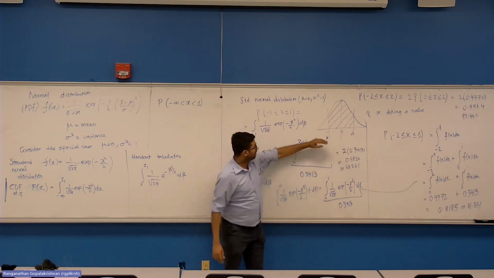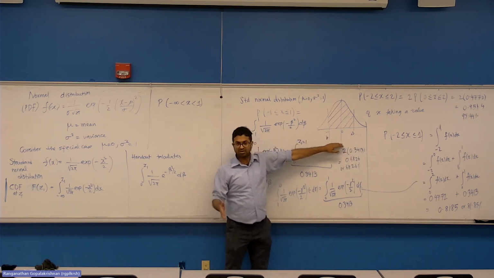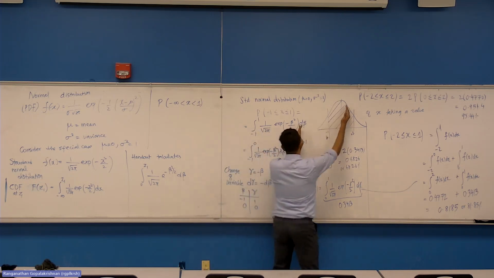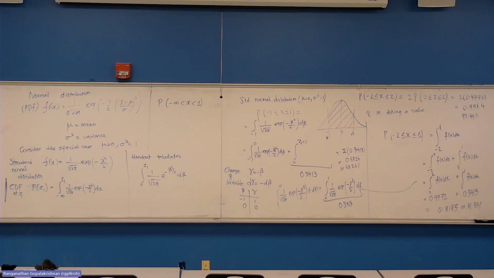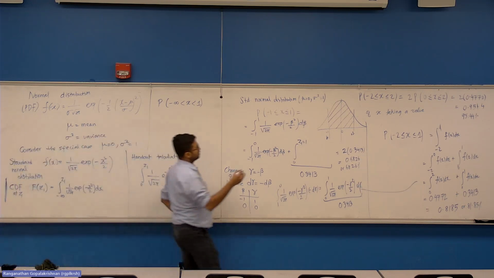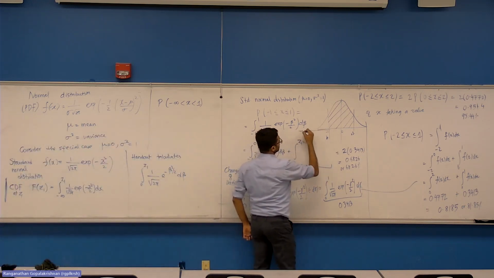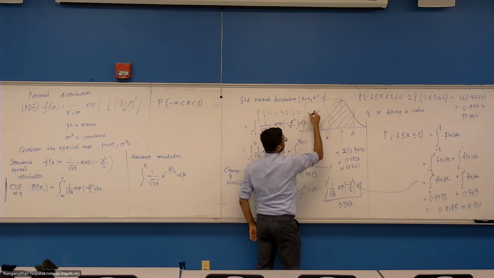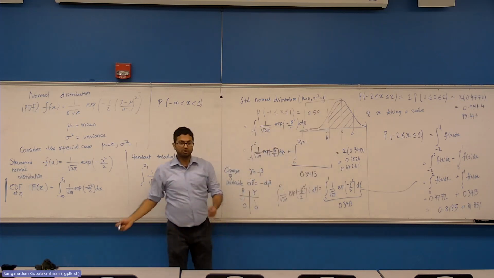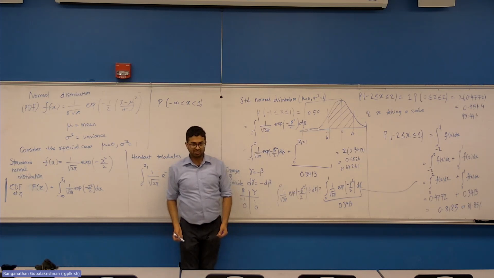I might as well say minus infinity to 0. If I'm crossing 0, this left hand side contribution is how much? Half, 50%, right? So from here until here, this portion is 50%. You don't have to do sophisticated mathematics to say that.